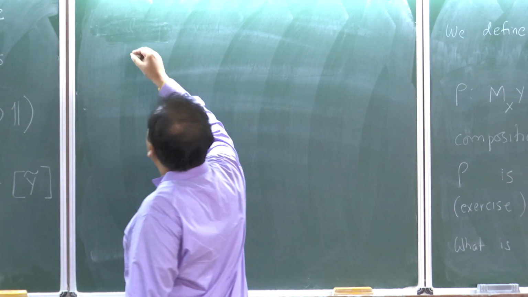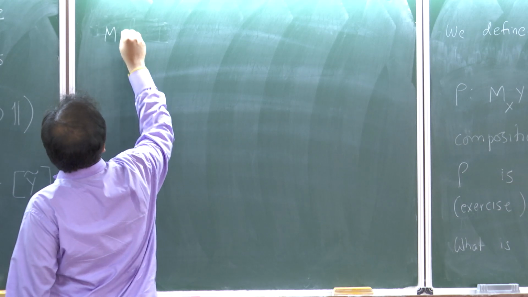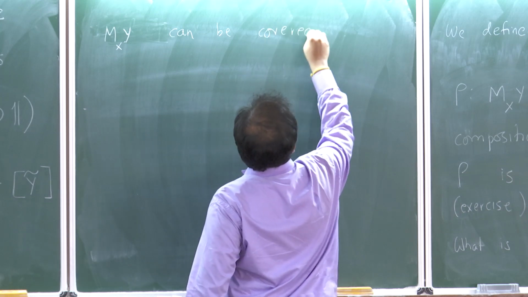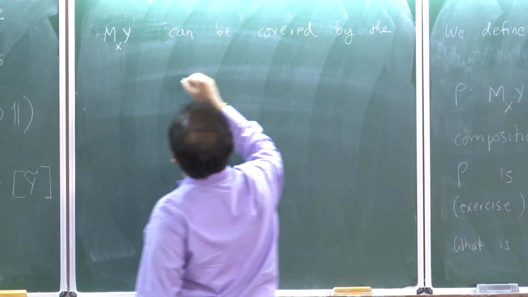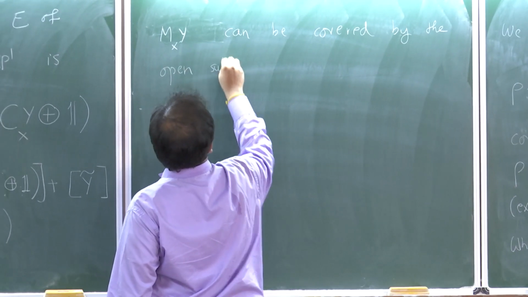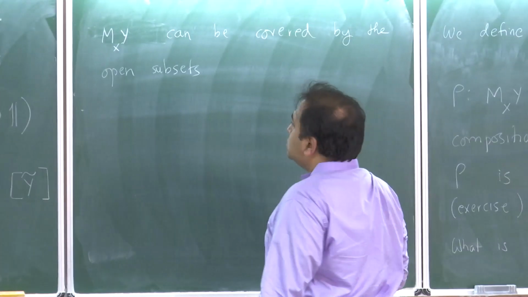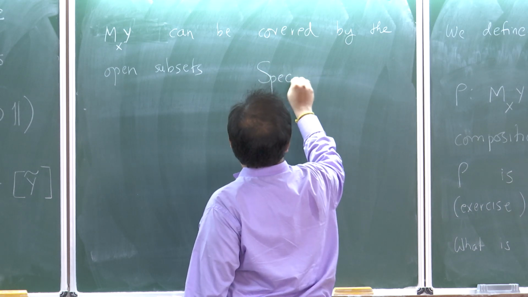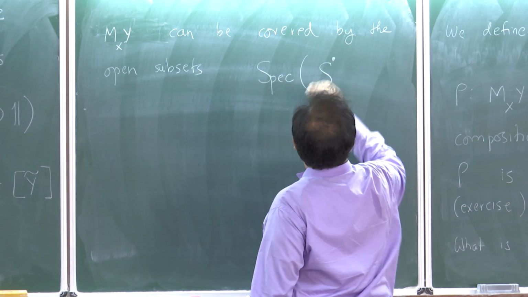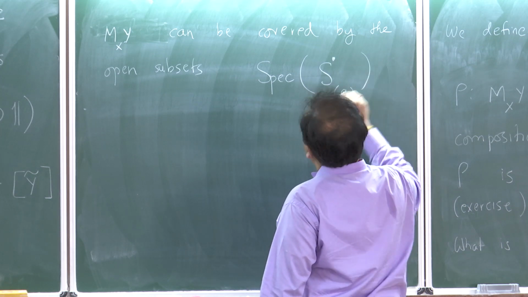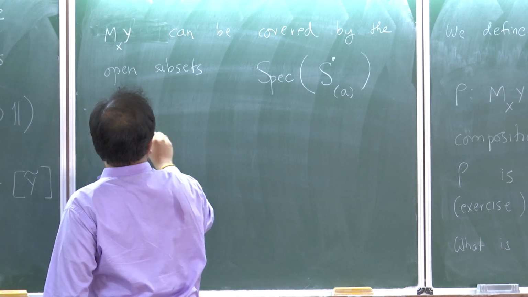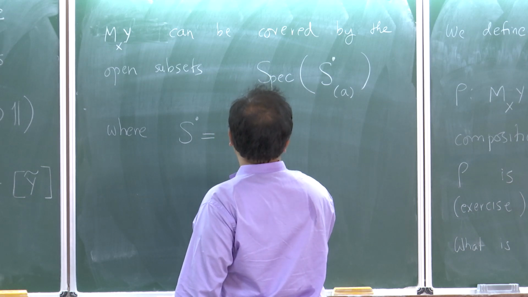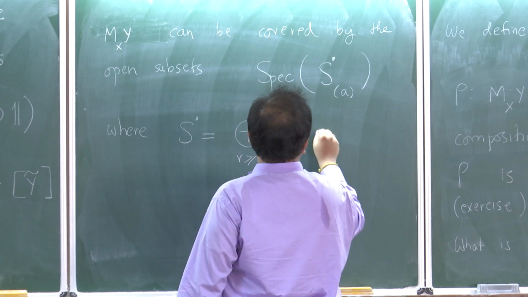So M_xy can be covered by open subsets Spec of S_a, where S is the direct sum over r greater than or equal to 0 of I to the r.